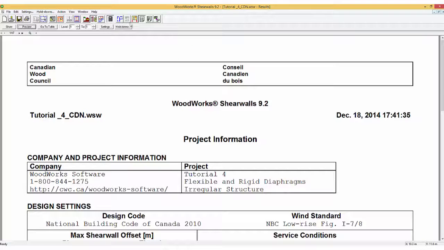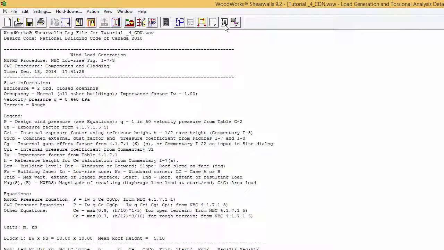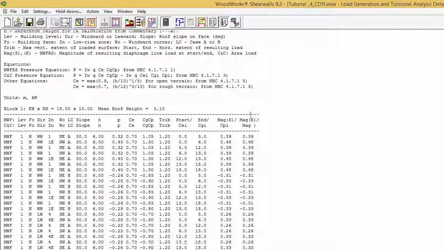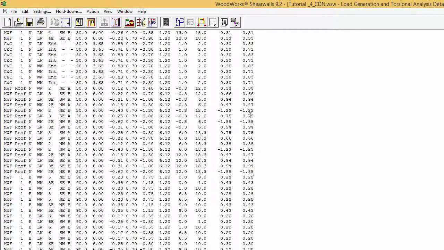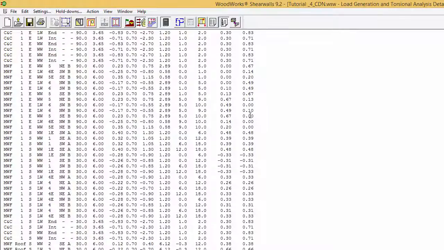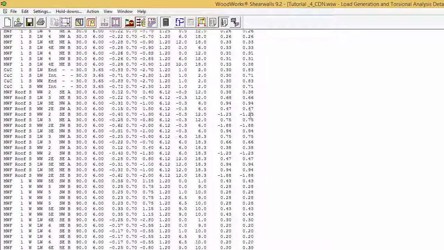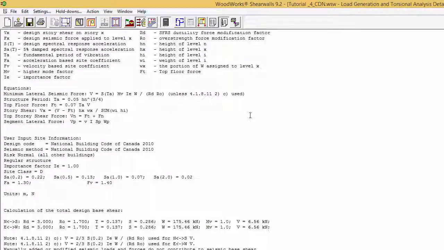In the log file, you can view the calculation made for the rigid diaphragm analysis. Depending on which option you chose in the design settings to calculate the rigidities of the walls, the units for rigidity will be different.